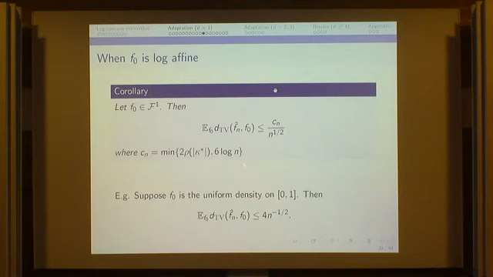And using this kind of idea, we were able to prove that when f0 is uniform, the constant is much better. It's like 4. So it was very successful. By using Marshall's inequality, we were able to prove some parametric rate of convergence for some densities.